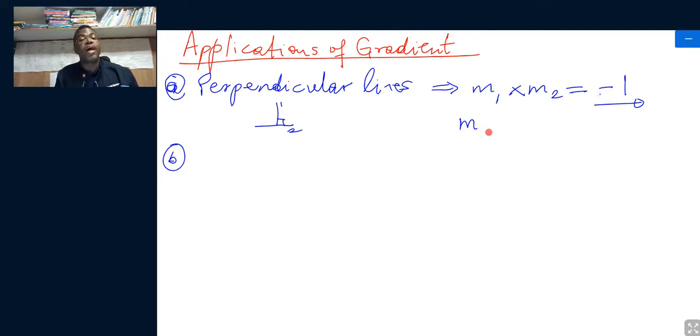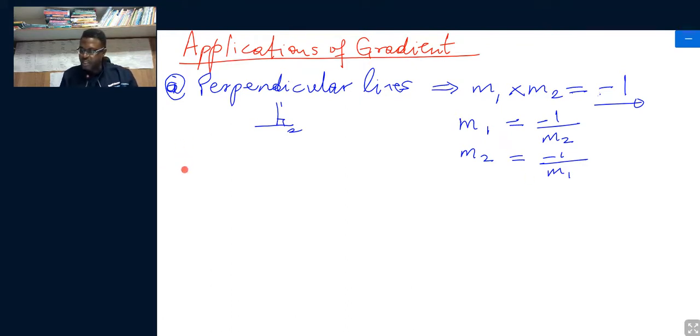So they are asking you to determine the gradient of line 1. So this is how you will find it. You simply divide by m2 both sides, m sub 1 equals -1 over m sub 2. Similarly, if we are looking for m2, you are going to divide by m1. This is it.